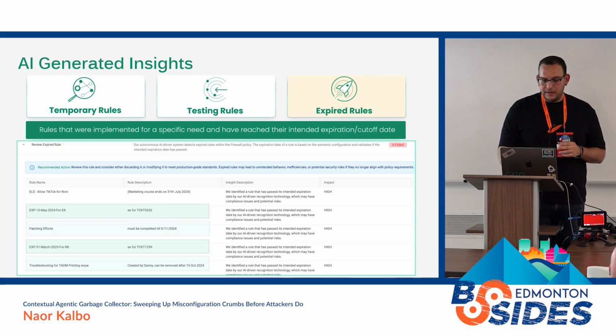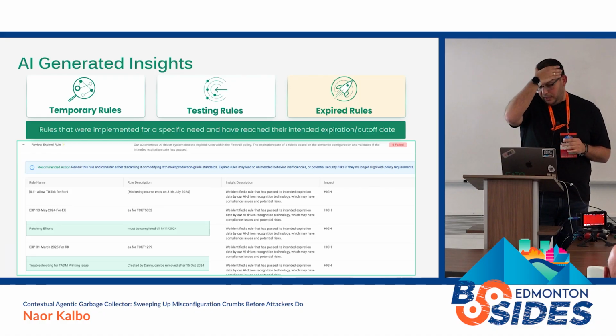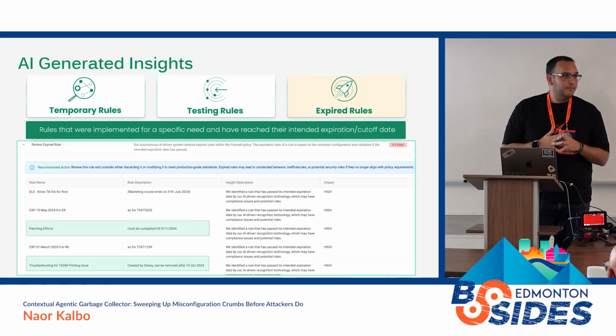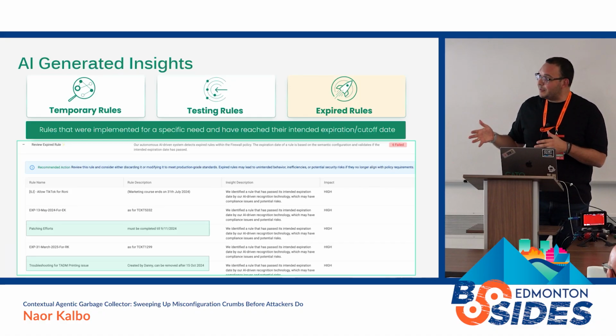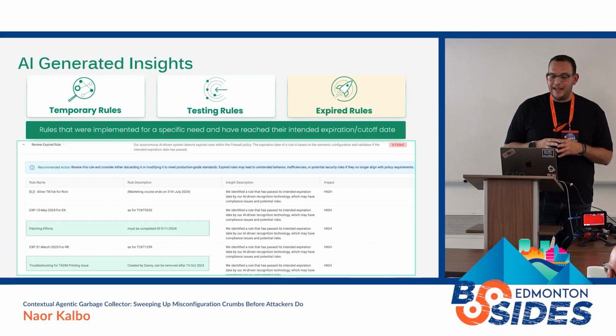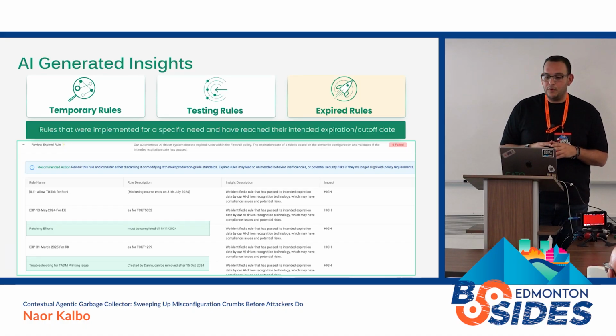Another example is rules that were likely to become irrelevant once some specific target date was reached. For instance, when patching efforts were completed or when some particular issue was resolved.